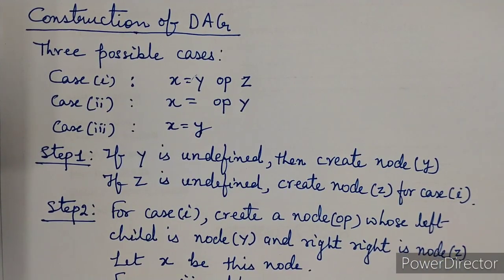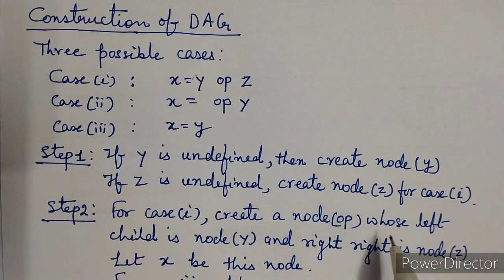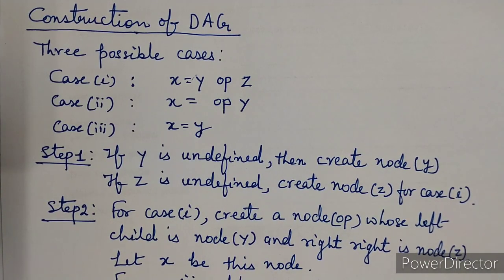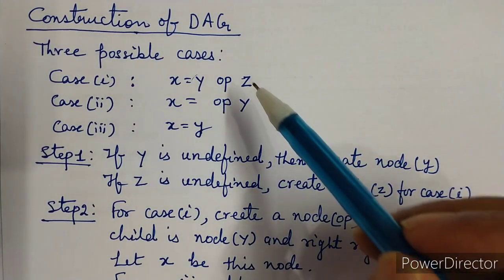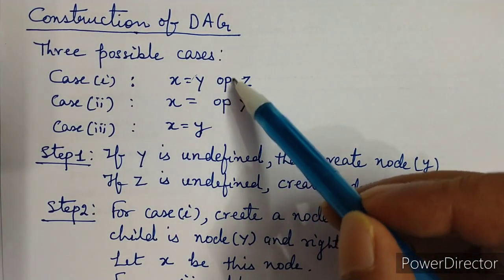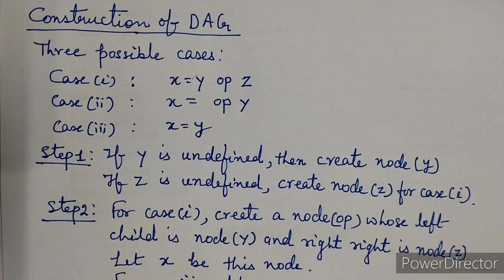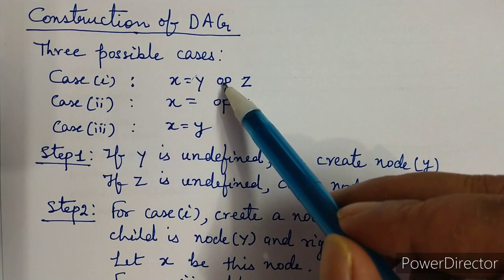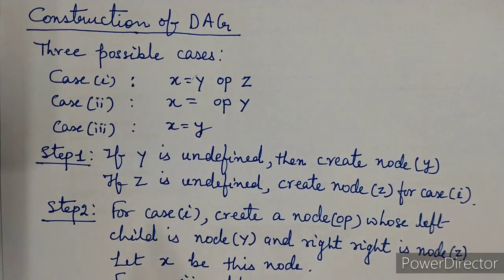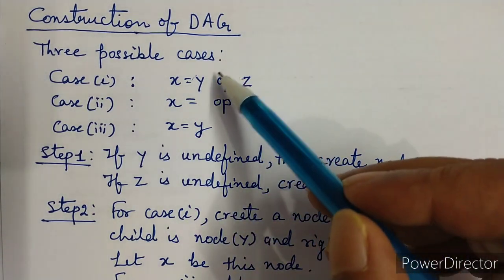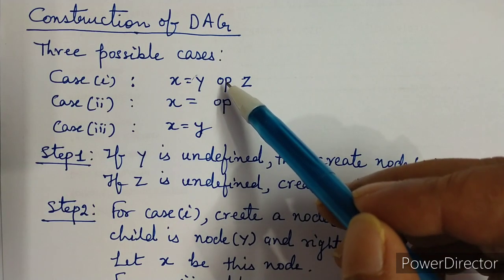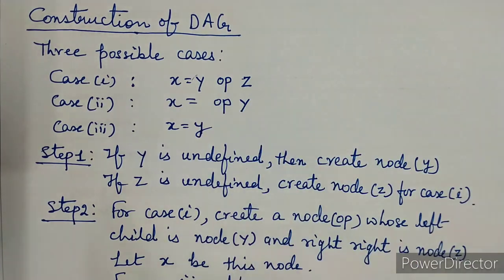Now step number 2, for case 1, create a node OP whose left child is node y and right child is node z, and let x be this node. So for case 1, what we have to do, we have to create a node for this operator OP, and after that y becomes the left side of this operator and z becomes the right side of this operator, and the node created with OP is now labeled with x.